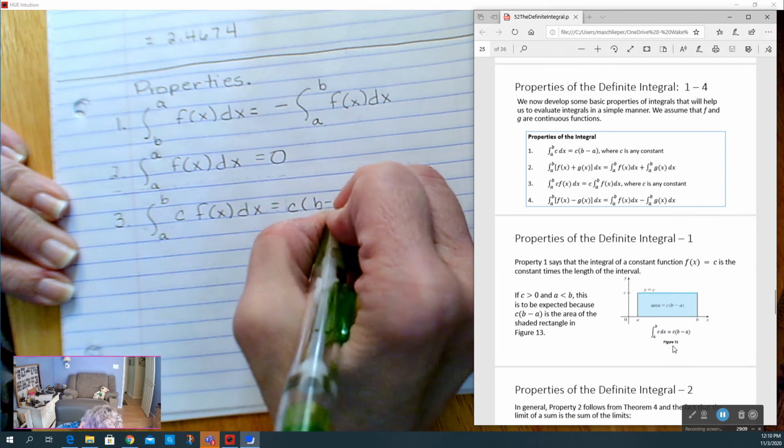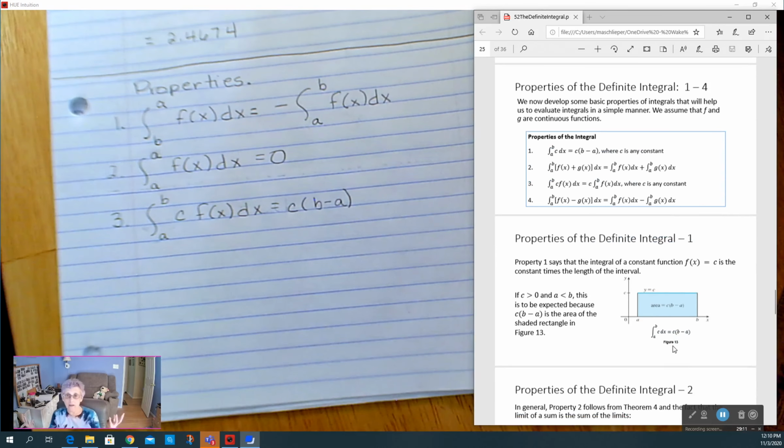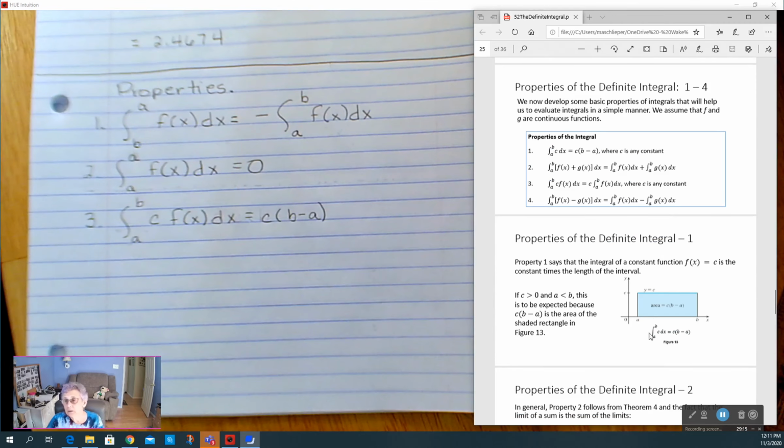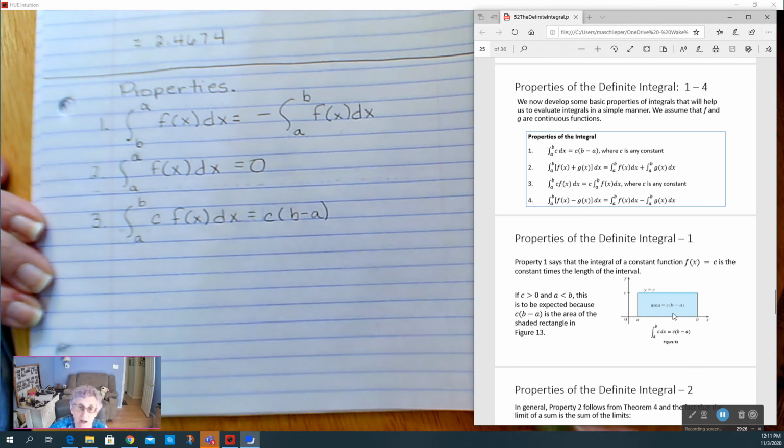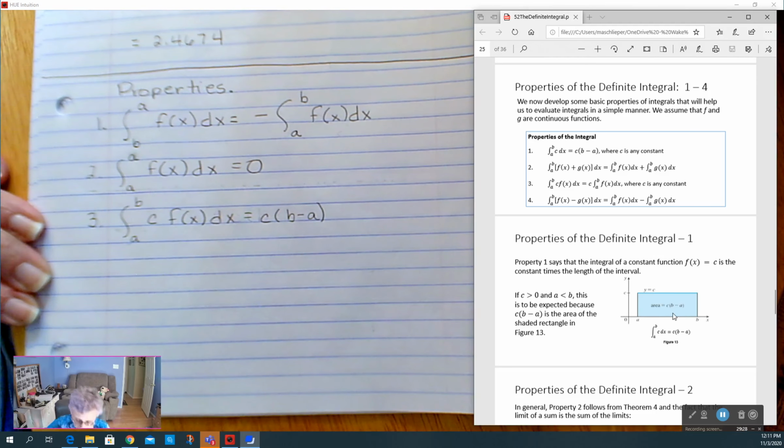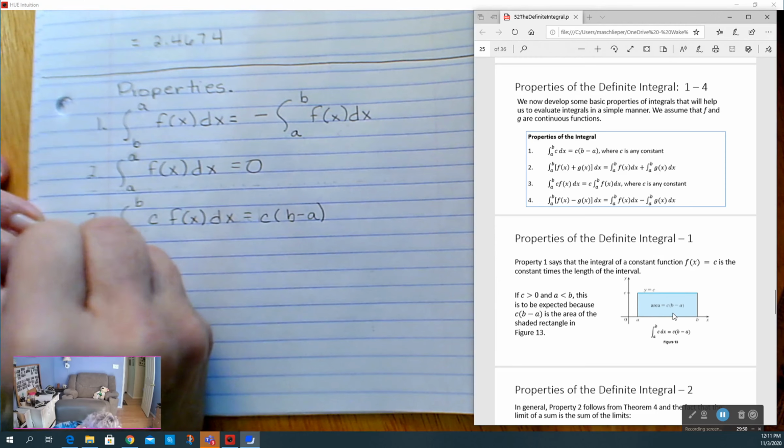What is the area underneath a flat line? It's a rectangle. What's the area of a rectangle? Length b minus a times the height, in this case c. So if you have just the integral of a constant, it's just the area of that rectangle.